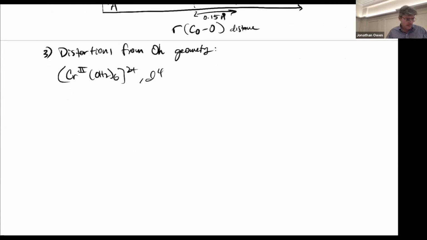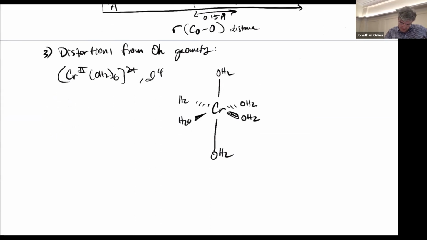And it turns out that this molecule looks something like this, where the axial distance is about 2.4 angstroms.